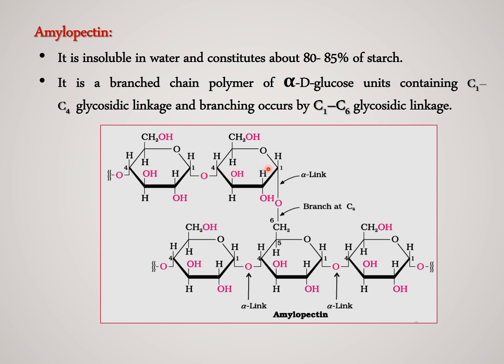Suppose this is the 24th glucose molecule, there is 1,6 branching occurring, giving rise to the structure of amylopectin. So, the structure of amylopectin consists of C1C4 glycosidic linkage as well as C1C6 glycosidic linkage, and all are only alpha D plus glucose units.